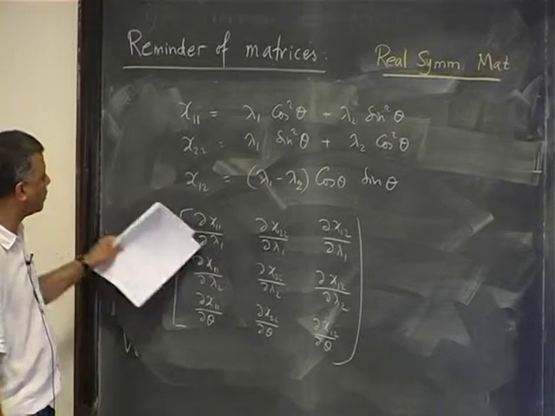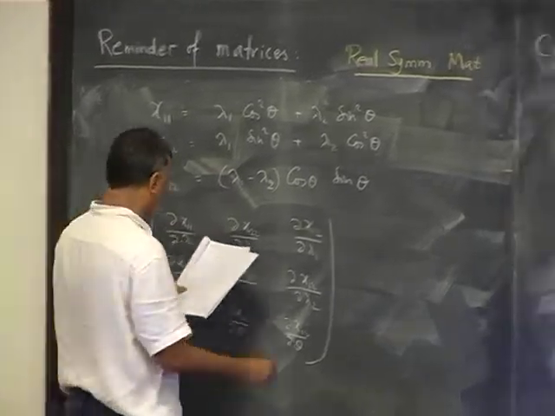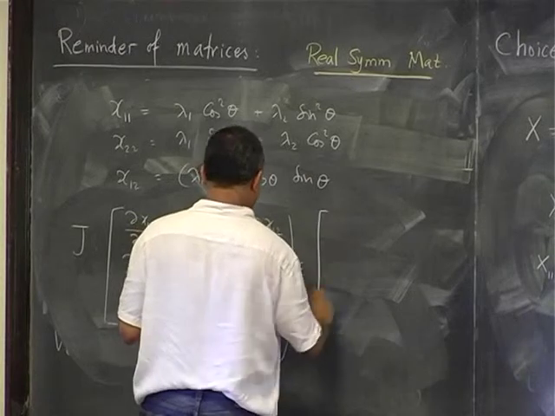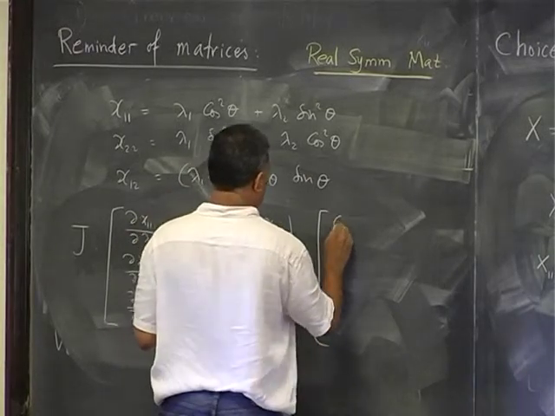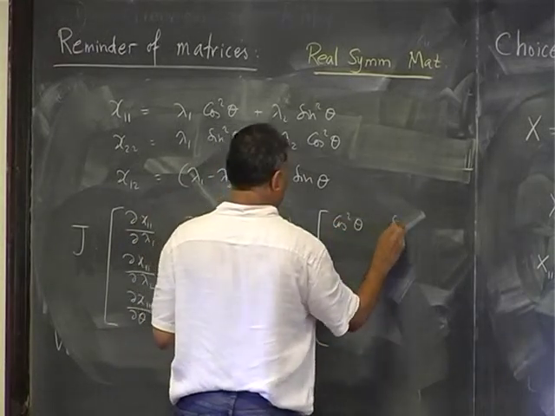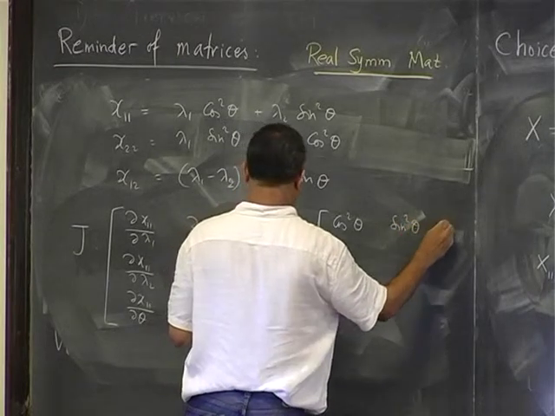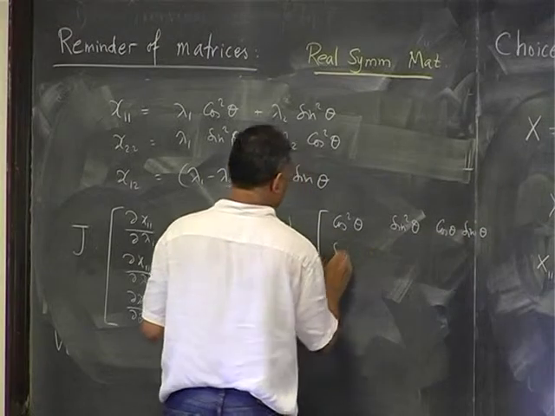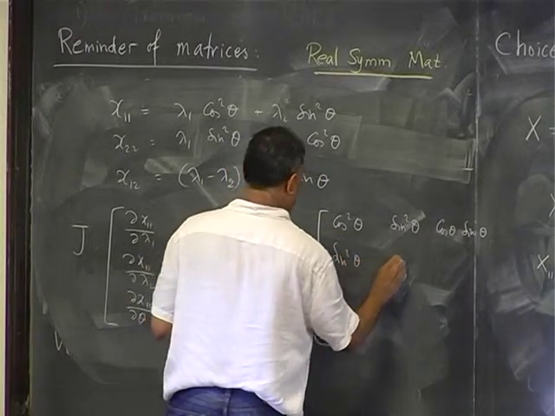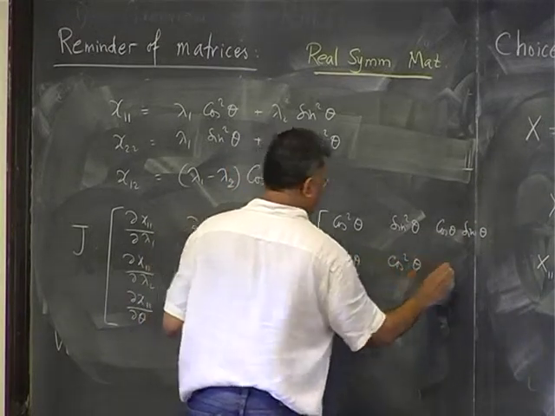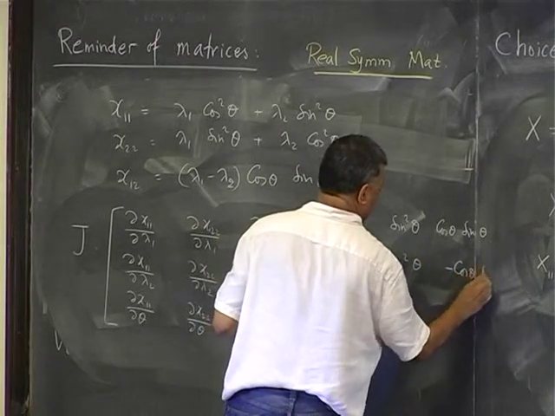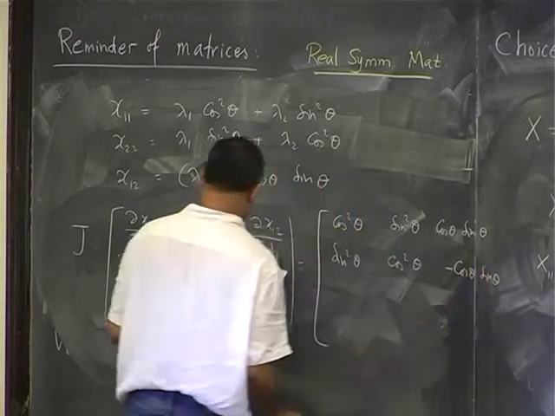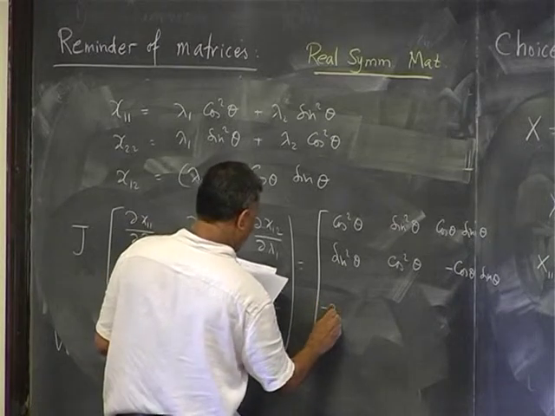So from this you can work out what the Jacobian is. And the last guy will be minus 2 something.